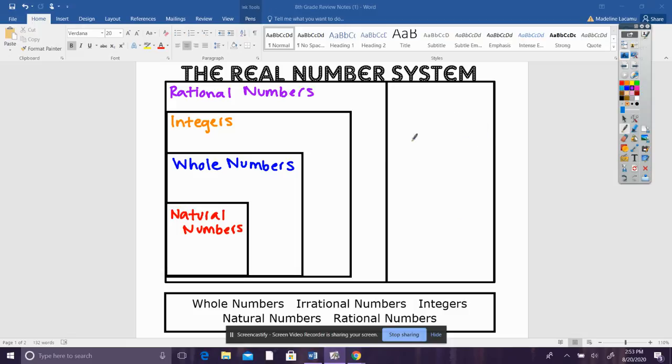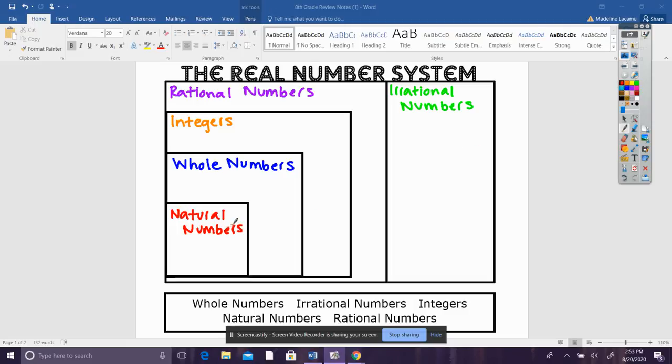Now notice there's this rectangle over here that's not connected. This is going to be the irrational numbers. Now for some examples of each of them.